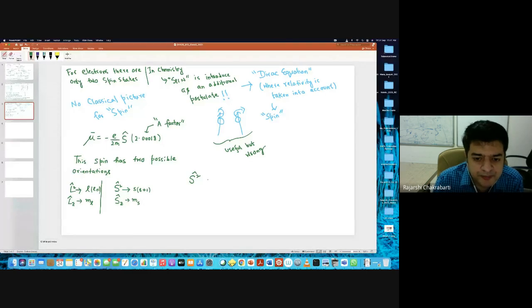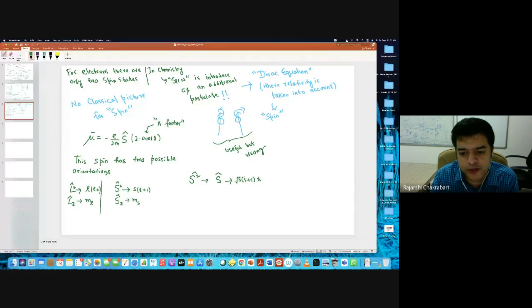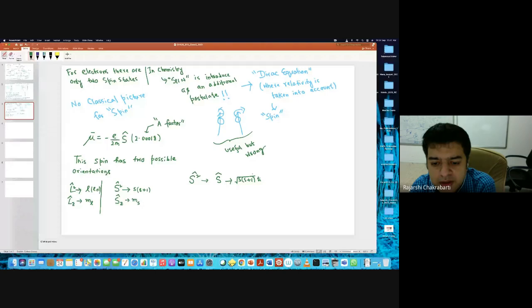Now this one will have eigenvalues s into s plus 1 times h cross squared, which basically means the total spin angular momentum would have value square root of s into s plus 1 times h cross. Same, just analogy.